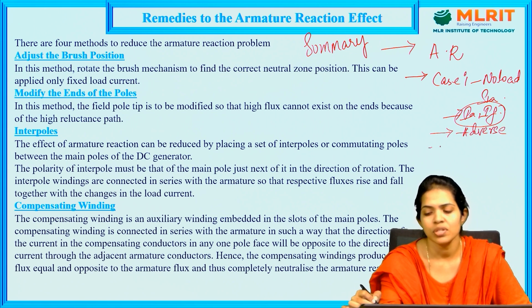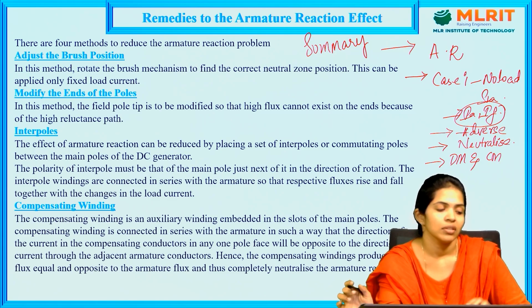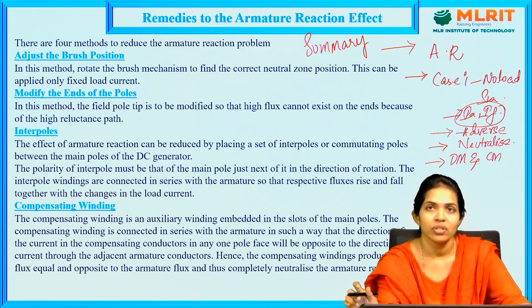We have also seen the methods to neutralize armature reaction. We have also calculated the demagnetizing ampere turns and the cross magnetizing ampere turns required to neutralize the armature reaction in DC generator. This is about armature reaction. Thank you.